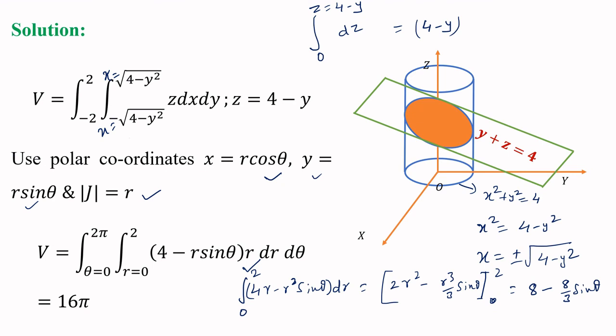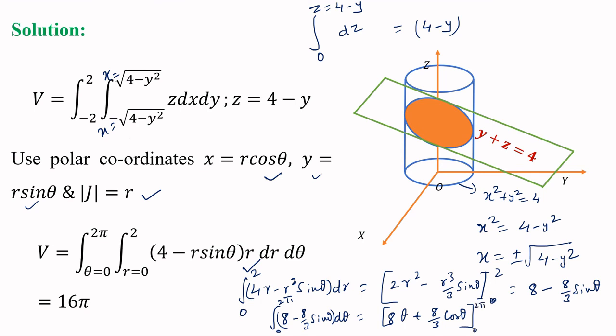So now you are integrating with respect to what? Theta. So it will be the integration of 8 minus 8 by 3 sin theta from 0 to 2 pi, d theta. So what we get is 8 theta minus 8 by 3, and sine will be minus minus plus cos theta, and the limit will be 0 to 2 pi.